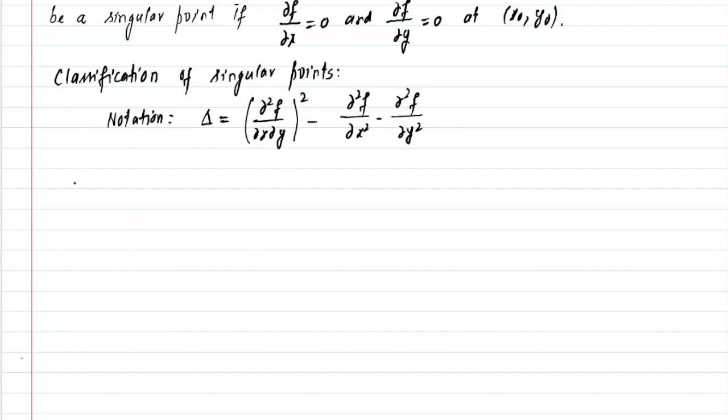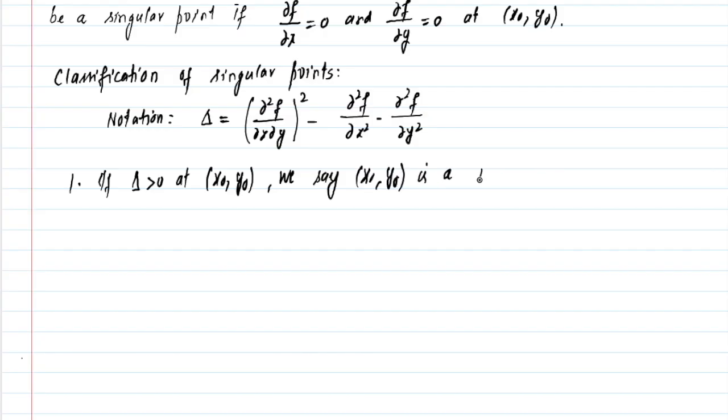Now the first point that we want to note here is that if this delta is greater than 0 at any point x naught y naught, then we say x naught y naught is a node. So a singular point at which this delta becomes positive, we call that singular point a node of the curve.